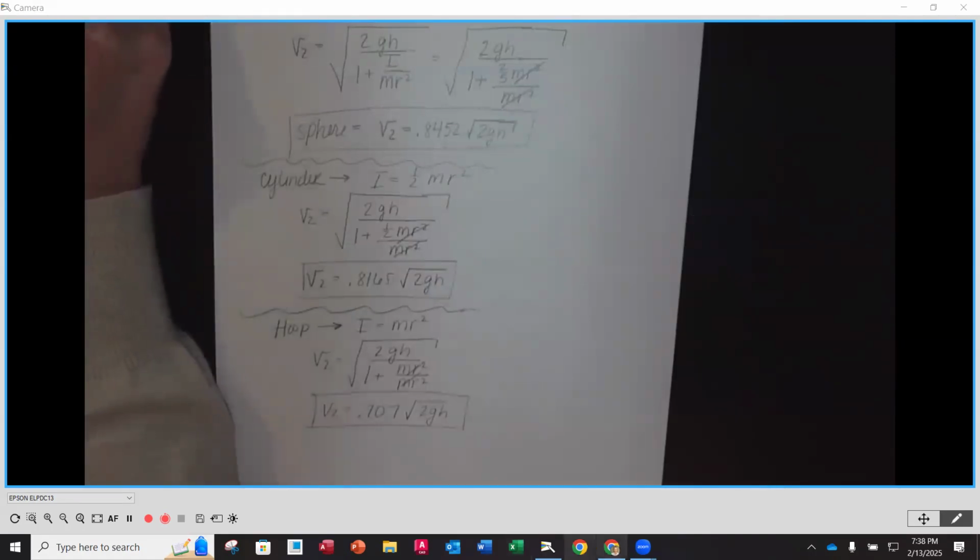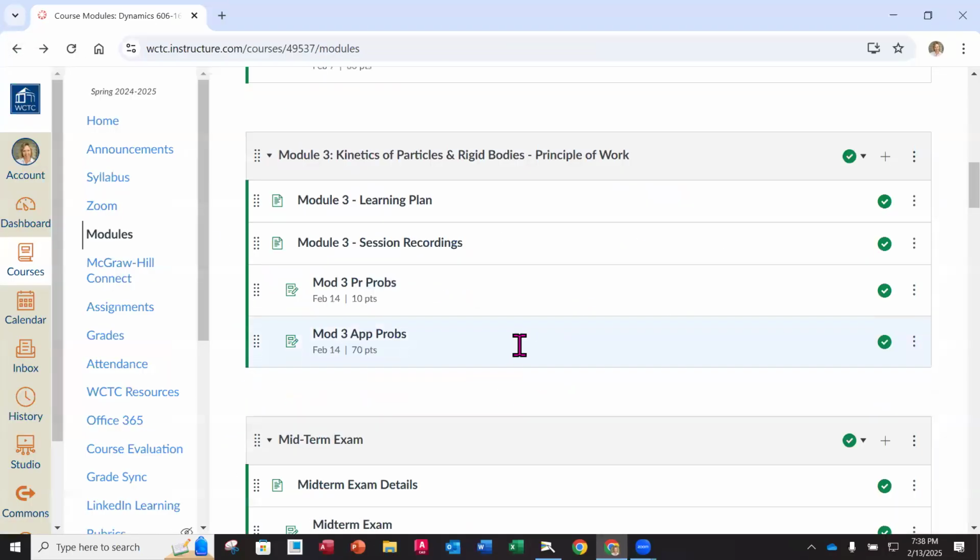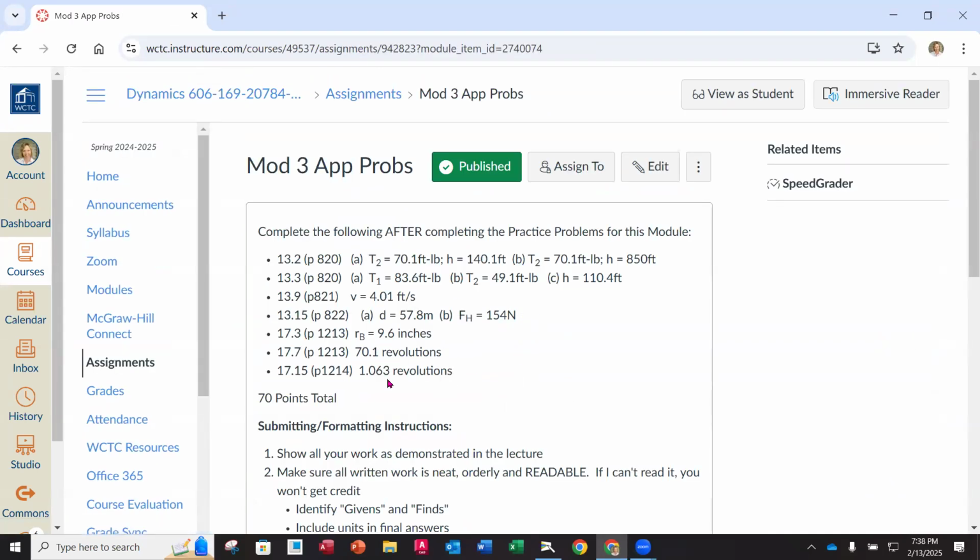If we go back to module 3 and look at our application problems, there are 3 of them that you're going to do from chapter 17. Like I said, we touched a little bit on every one of the elements that you're going to need there. So for now, I am going to stop the recording and then we'll take questions.